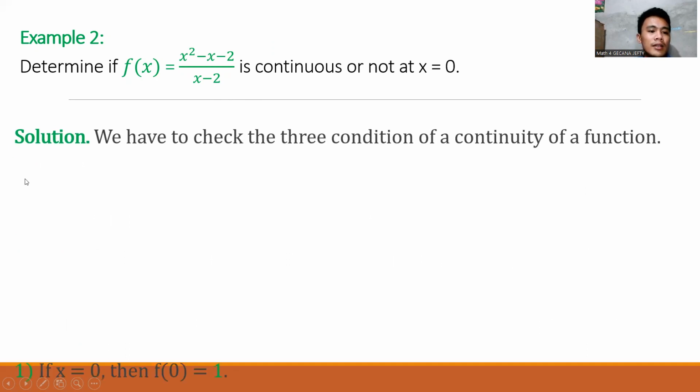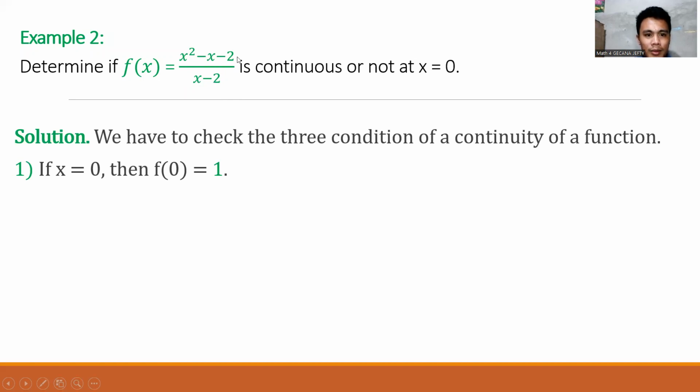If x is equal to 0, then f of 0 is equal to 1. We substitute 0 into our function: 0 squared minus 0 minus 2 over 0 minus 2.